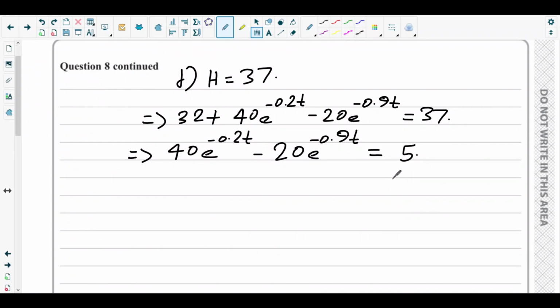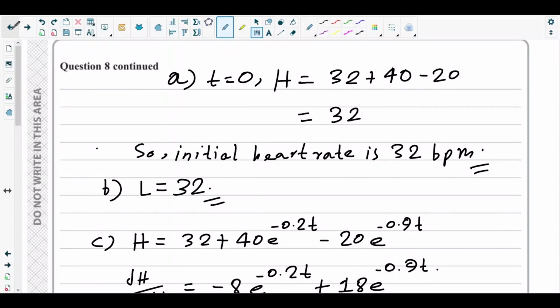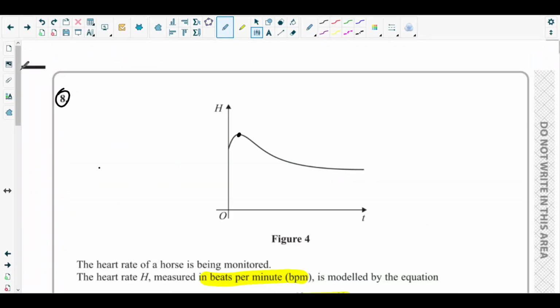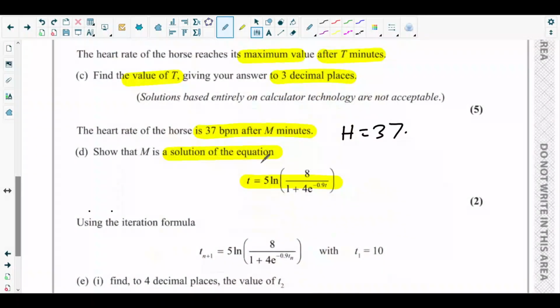Now you might get confused here about what we need to do next. It depends on what the question actually wants. On the right hand side, you can see it is 5 ln (8 over 1 plus 4 e^(-0.9t)). So e^(-0.9t) is on the right side, right?